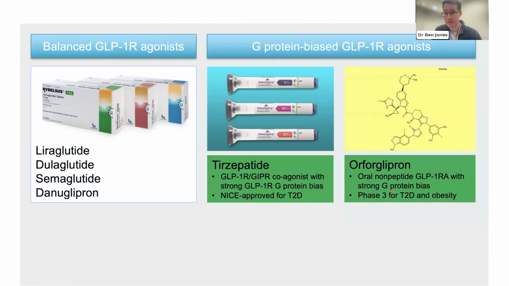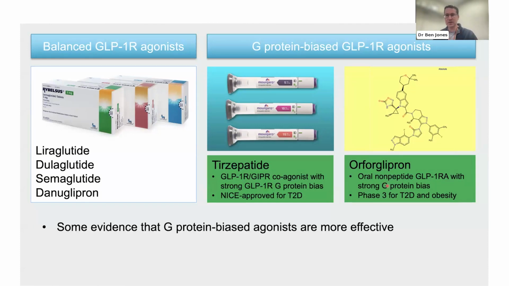Another example currently in phase 3, orforglipron. Again, this is an oral GLP-1. It's not a peptide, so sort of like a small molecule, although not quite. And again, this has got really quite strong bias in favor of G protein signaling.